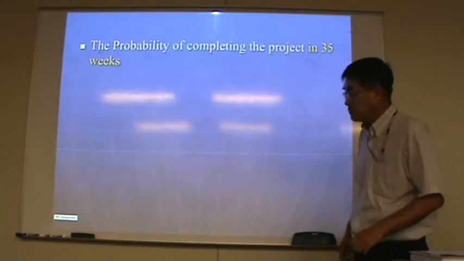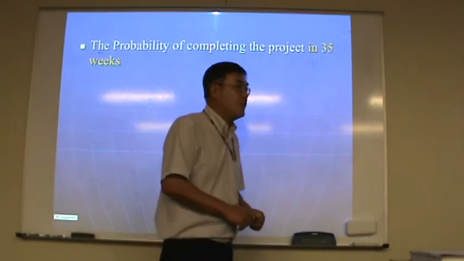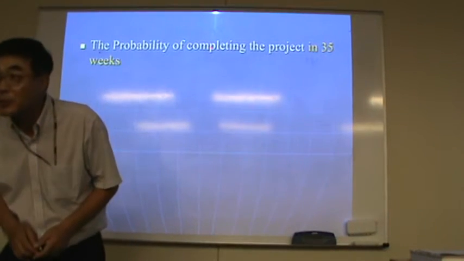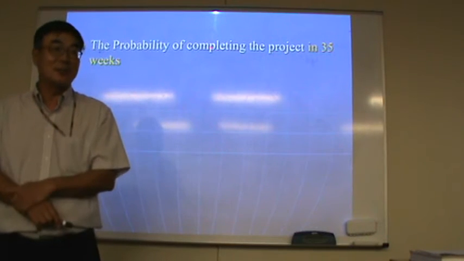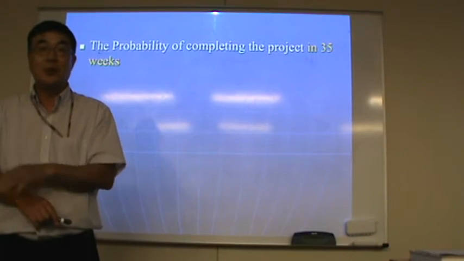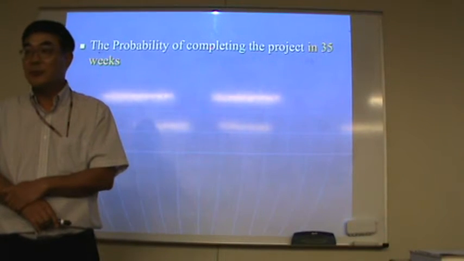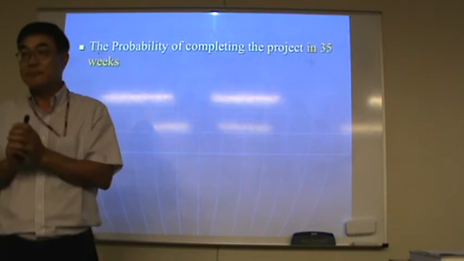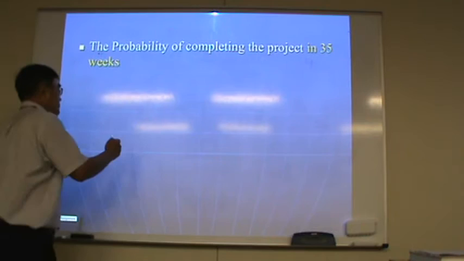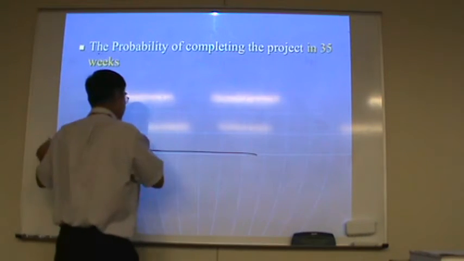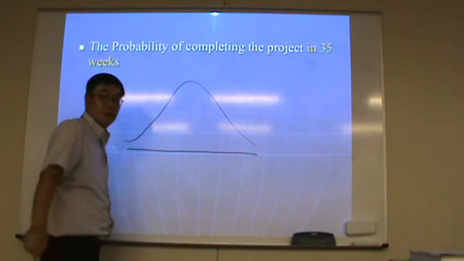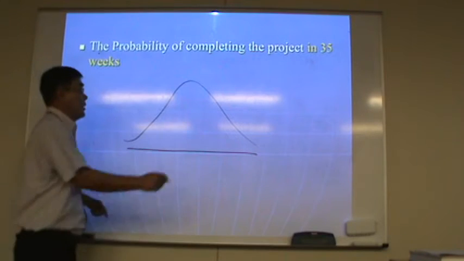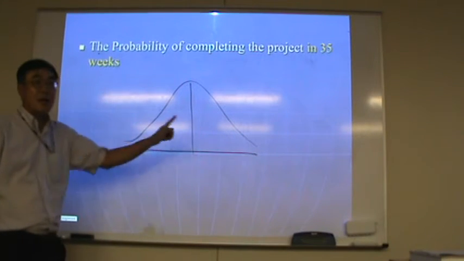If this follows a normal distribution, you took statistics, so you know what a normal distribution is. Bell shape, symmetric. It looks like this, left and right from the mean the same size.